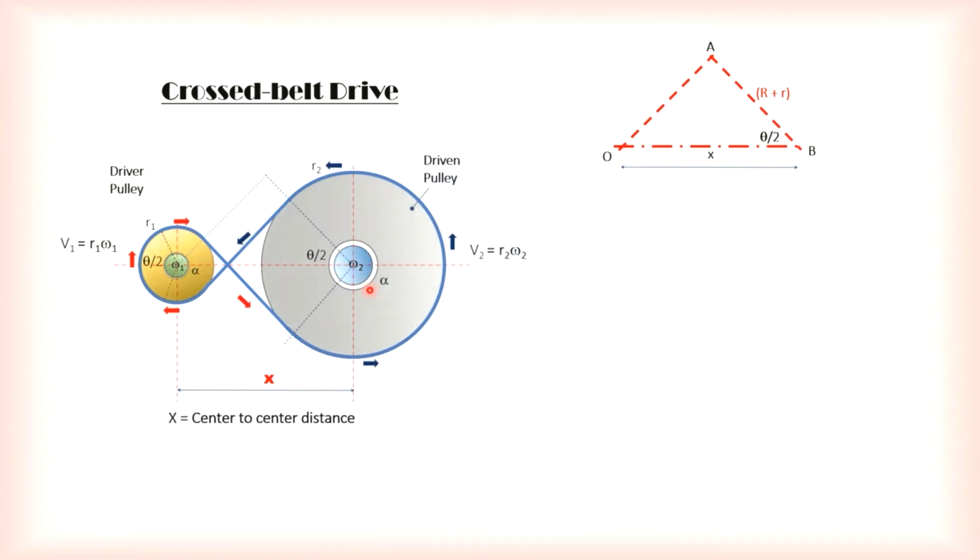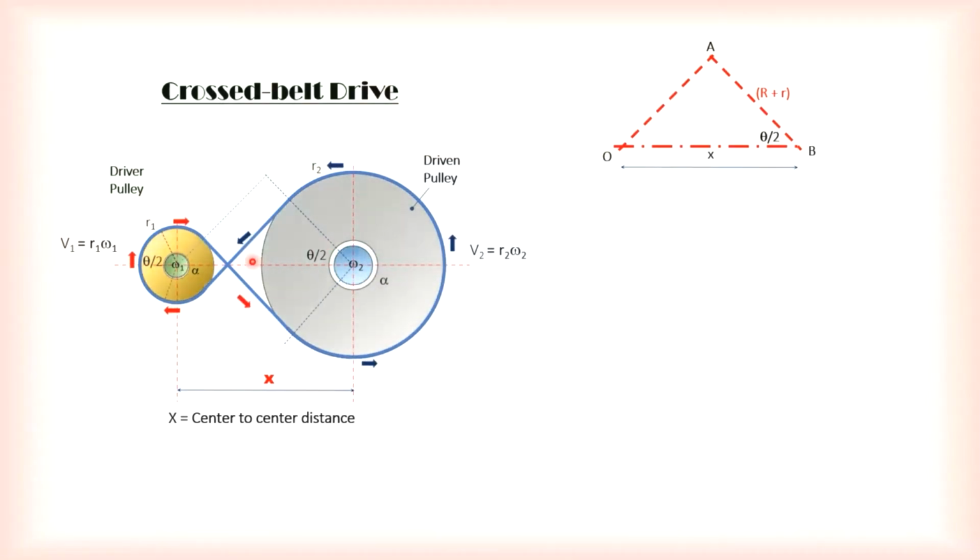The most important thing is what it means by wrapping. W-R-A-P, wrap, that means cover, over a certain amount of surface we call wrap. So this will be your angle of wrap in this case, which is alpha. Remember, what we need is the angle of wrap, not this angle here.